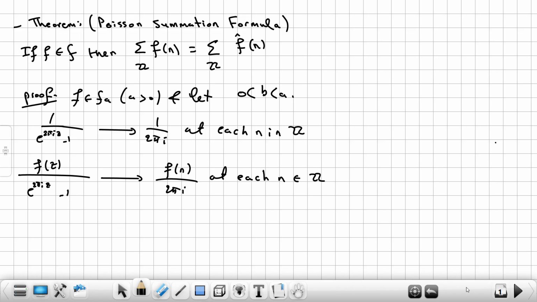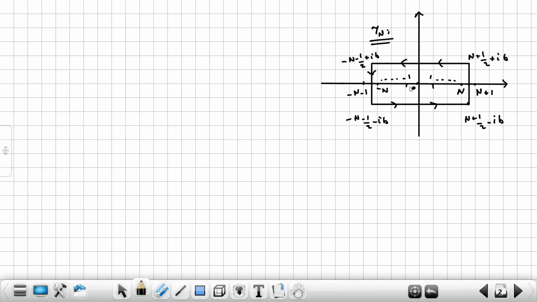Now consider the following contour Omega_N containing the integers from minus N till N, in the following direction. Using the residue formula, we have the integral over Omega_N of the function f of z over e to the power 2 pi i z minus 1 dz equal to 2 pi i times the summation of the residues at the poles.